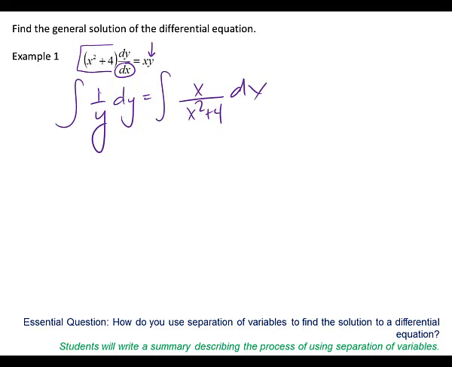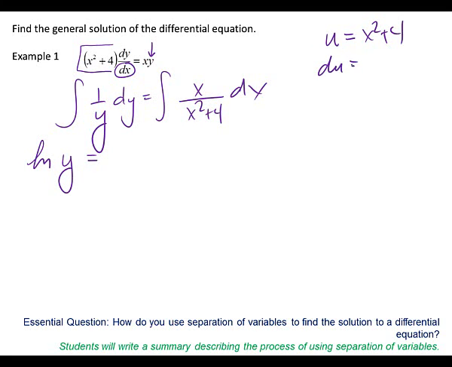All right, when we integrate 1 over y, what do we get? Natural log of y, okay? And that's all we're going to do on that side for a little while. Over here, we've got more work to do. Can I just do natural log on this side? What do we need to do? U substitution first. So what are you going to use as your u? Good.